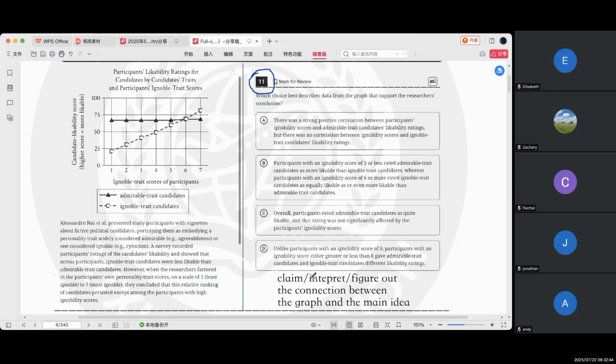So remember, the first step is to read the question. So let's read the question together. It says, which choice best describes data from the graph that support the researcher's conclusion? Okay, so the next part is we need to identify the conclusion. So guys, which one do you think would be the conclusion within the passage?